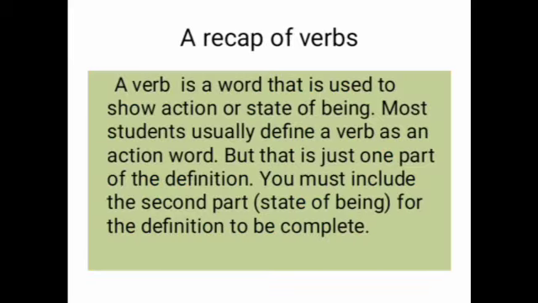Before we look at tenses, let's have a recap of verbs, because you can't talk about tenses without talking about verbs. A verb is a word that is used to show action or state of being.